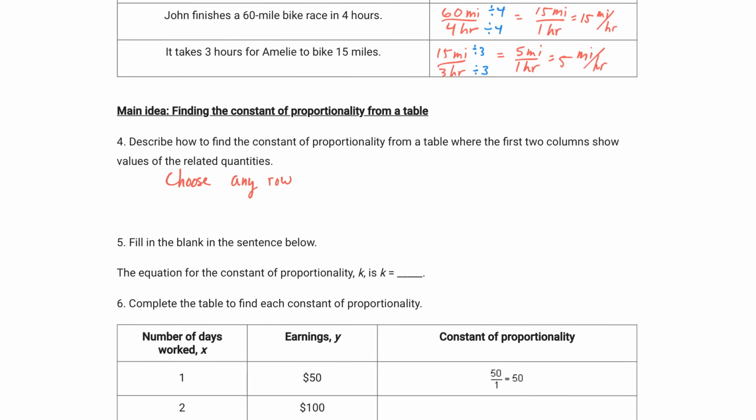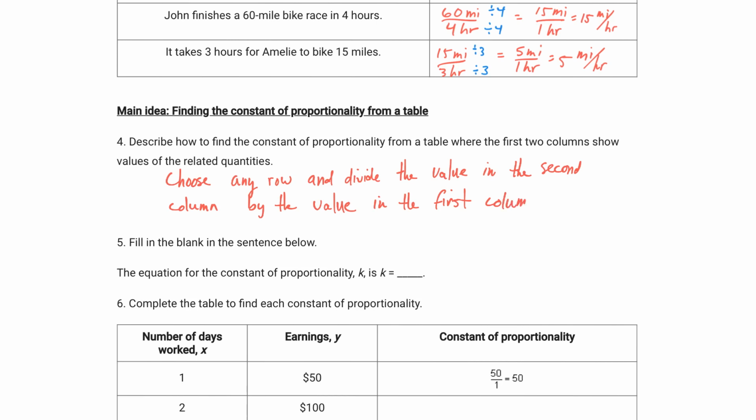You would choose any row and divide the value in the second column by the value in the first column. So there it is. That's how you're going to find the constant of proportionality from a table where the first two columns show different values.